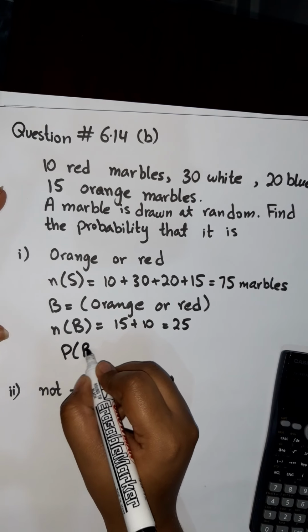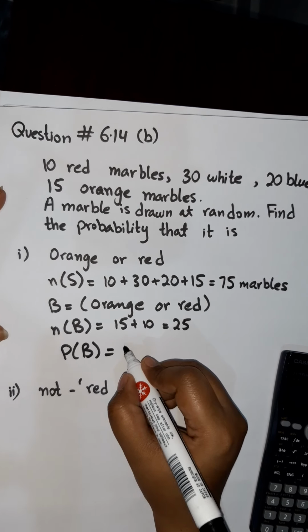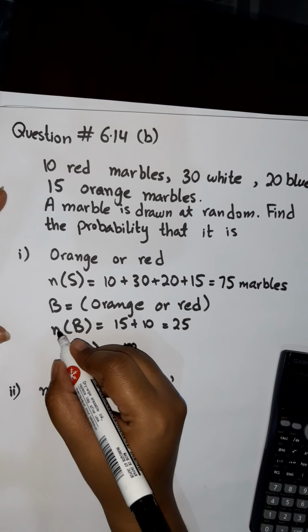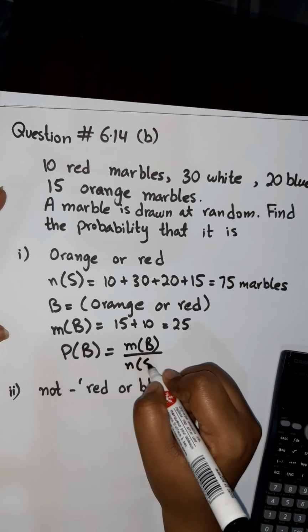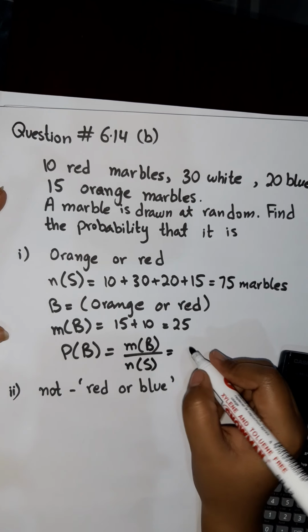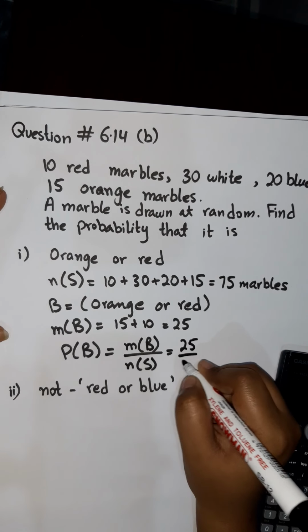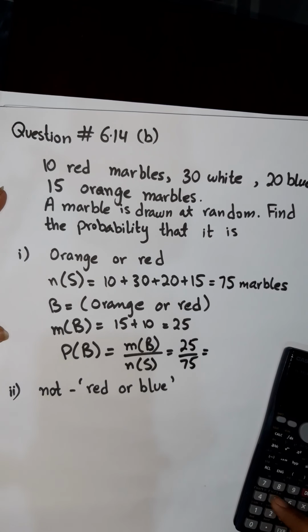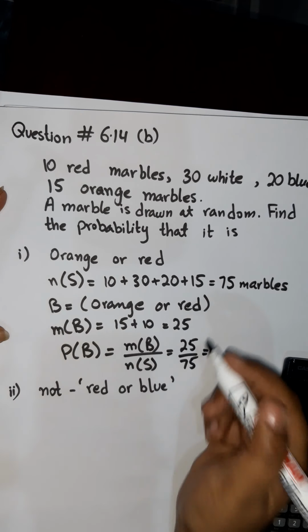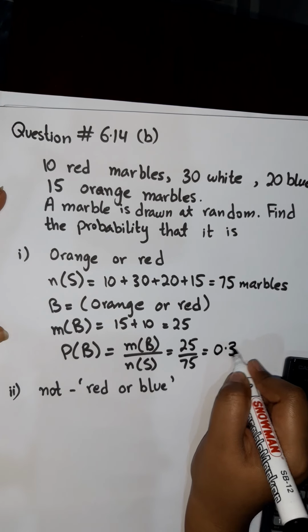Now probability of B will be n of B divided by n of S, which will be 25 divided by 75. And this is 0.33.